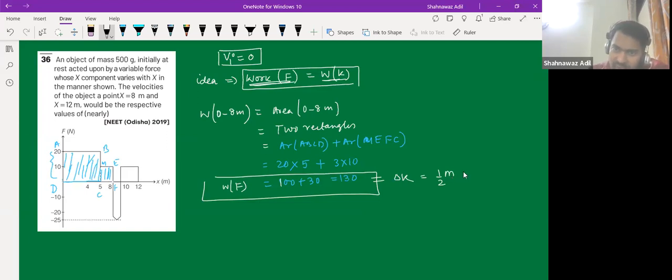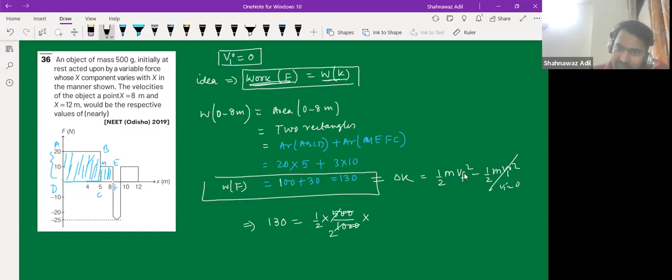This is 0, because v initial is 0. So this 130 would be equal to half into mass, which is 500 grams. And please be careful with the calculation, because just now you have seen that we can make some calculation mistakes.